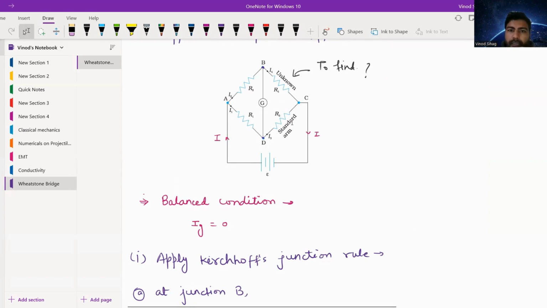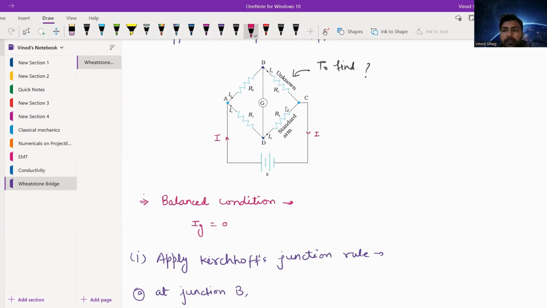We placed the R4 resistor in the BC arm, and our task is to take the value of R3 such that the galvanometer arm will not get any current. There will be zero current. That condition is called the null deflection condition, or null deflection point in the galvanometer.